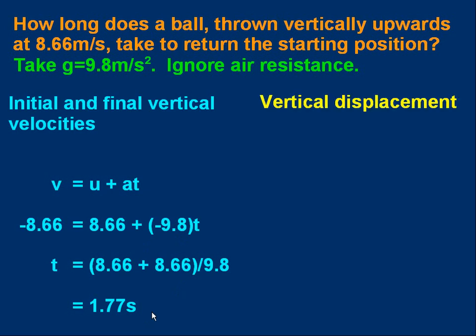Let's use the vertical displacement. If it goes up and comes back to its starting position, what's its displacement? Well, I hope you know it's 0. Here's another Suvat equation. The displacement is 0. Let's put some numbers in.